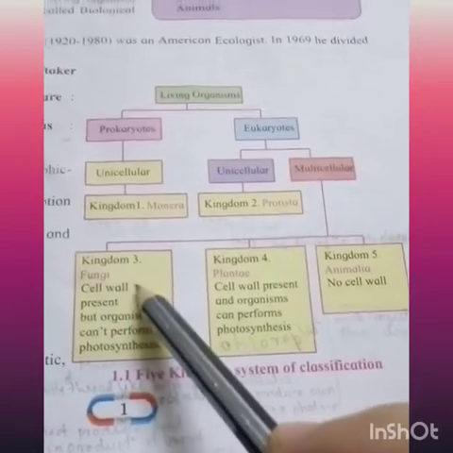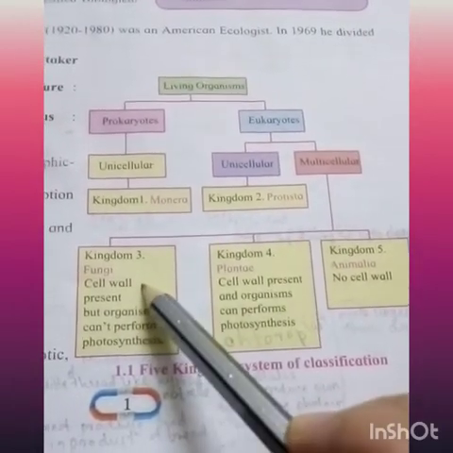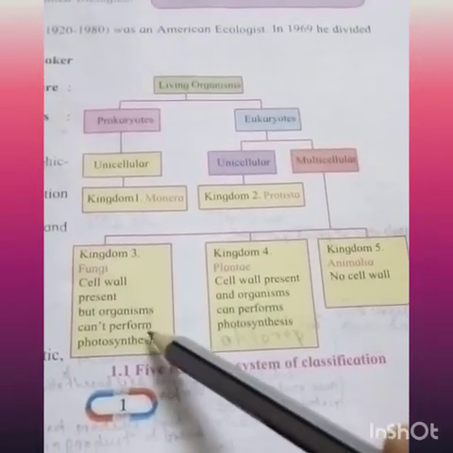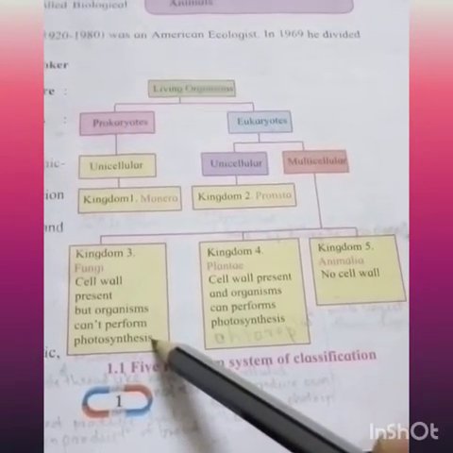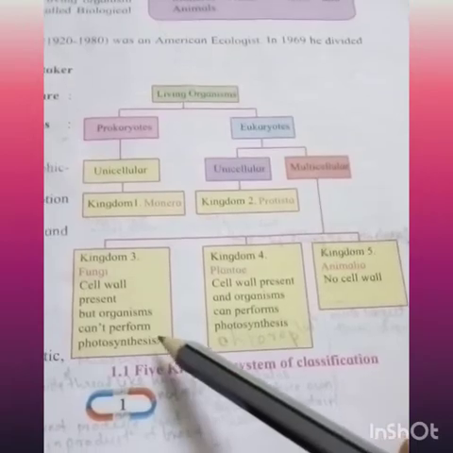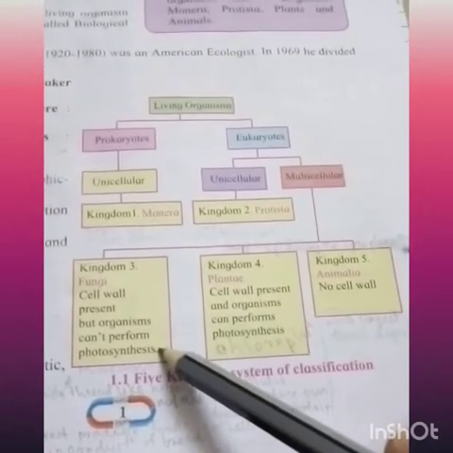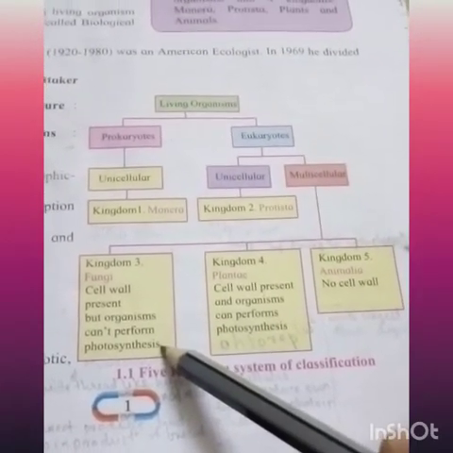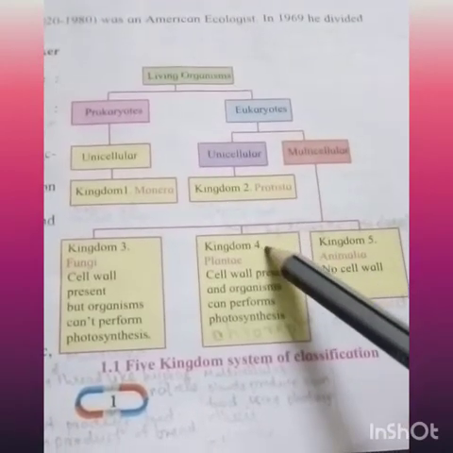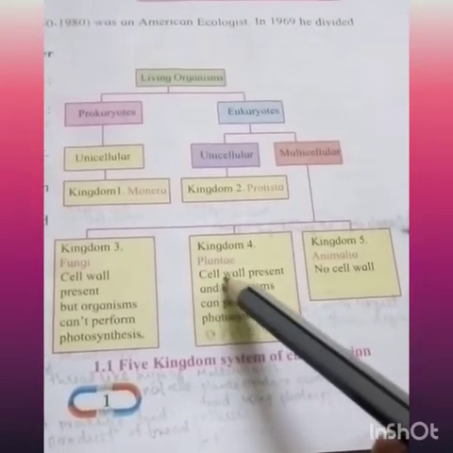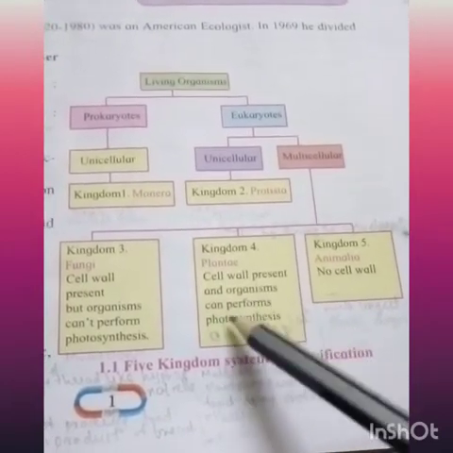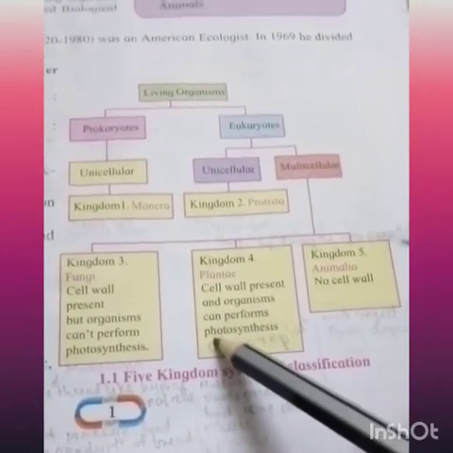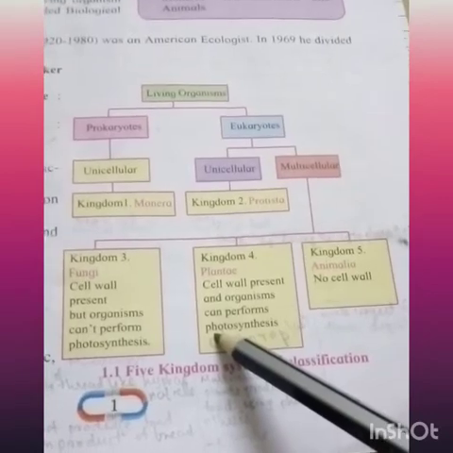See, it is fungi. Cell wall is present but the organism can't perform photosynthesis. Why? Because of the absence of the pigment chloroplast. Kingdom 4 is Plantae. In this Plantae, cell wall is present and organisms can perform photosynthesis. Why do they perform photosynthesis, students?